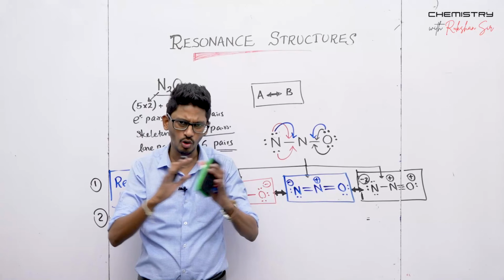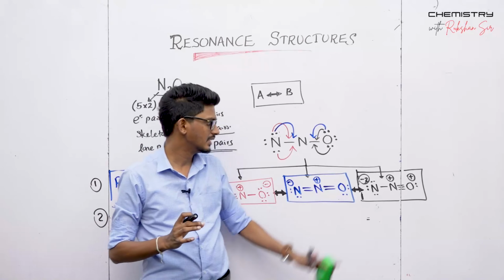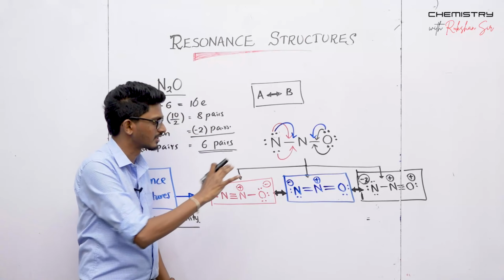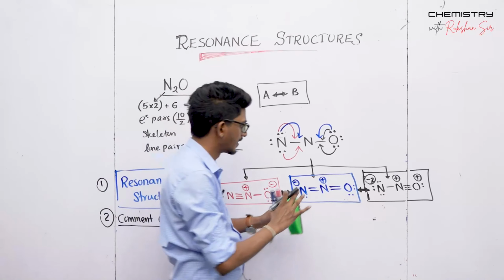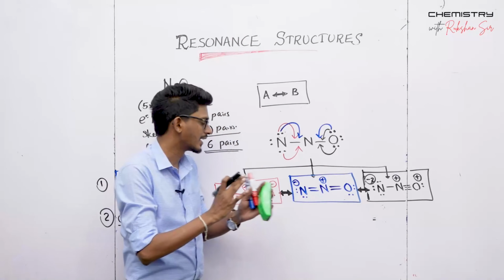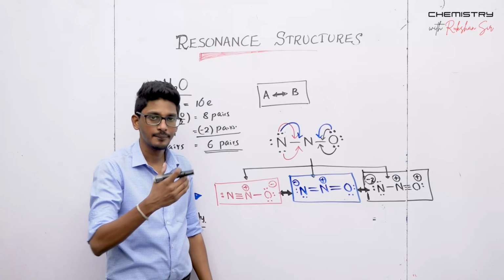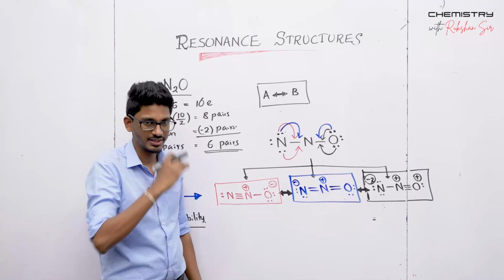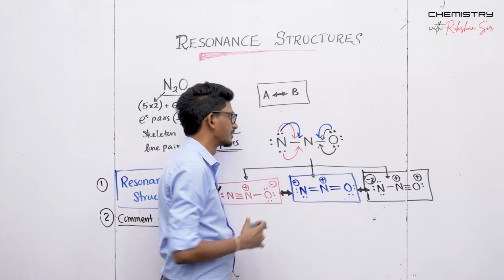So you can stand for a longer period of time without a change. But here you clearly see such a structure is not there. So we can't comment by looking at that point whether the structures are stable or not, because all the structures are carrying some charges. So that point we can't use for these three resonance structures.